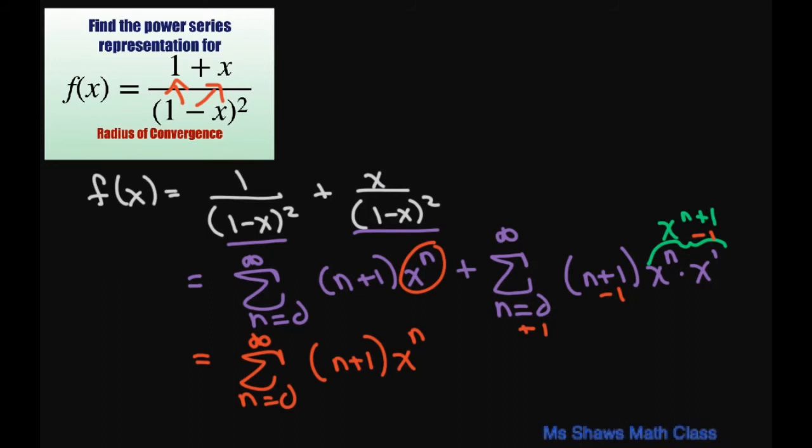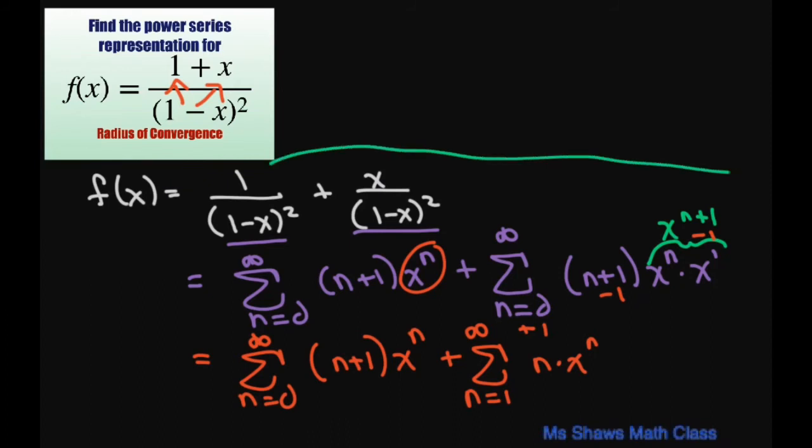So that's going to end up being plus the sum n equals 1 to infinity of n times x to the power of n. Okay, what I'm going to do next, I could probably do it up here, so we can see it.